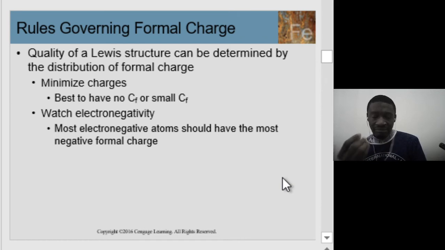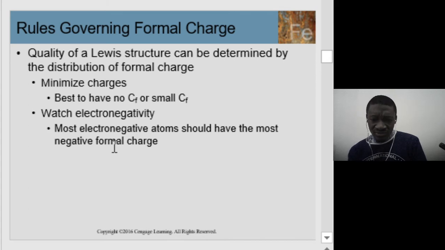The most electronegative is fluorine, and the least is cesium. Fluorine has 4.0 on the Pauling scale, and cesium has 0.8. So the most electronegative atoms should have the most negative formal charge.